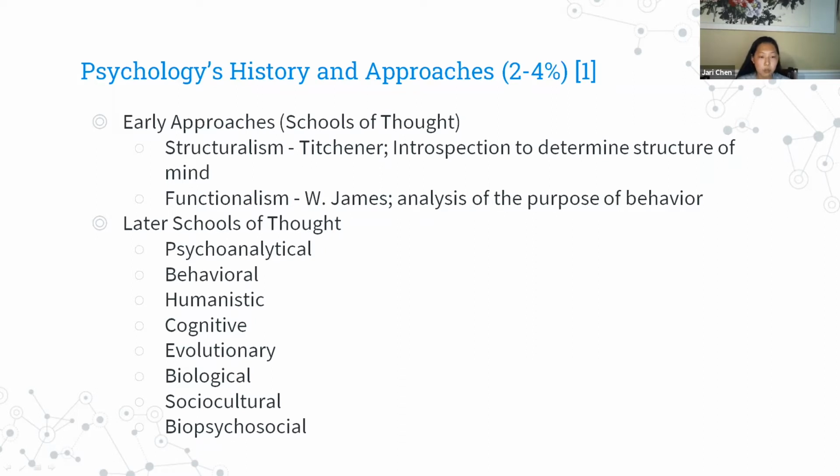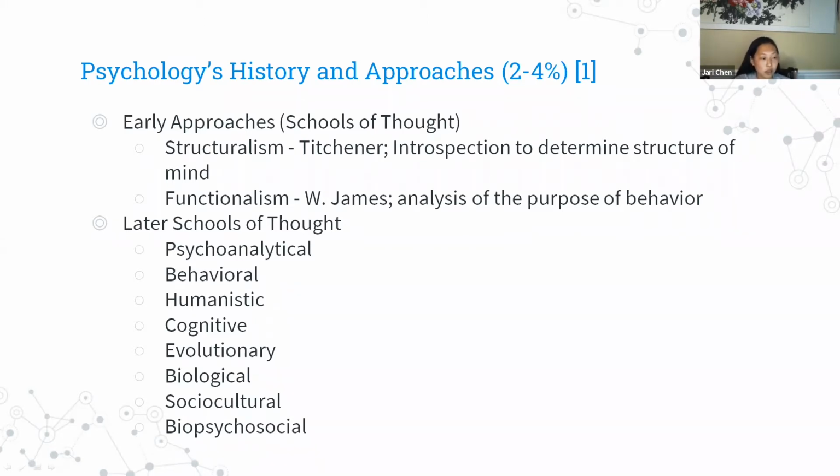Schools of thought are basically categorizations of psychologists. Each category has a certain group of people who are either most interested in a certain aspect of psychology, or think one area is more important, or are only focusing on one part.